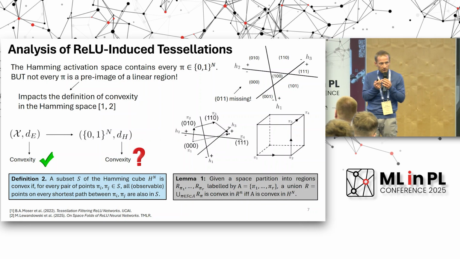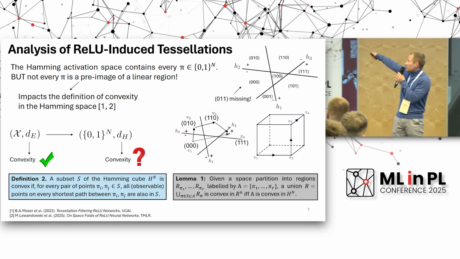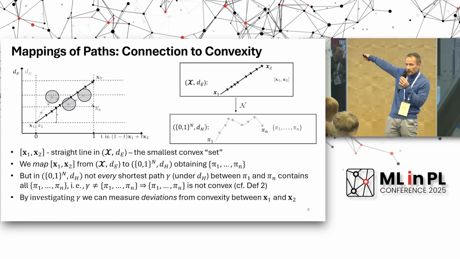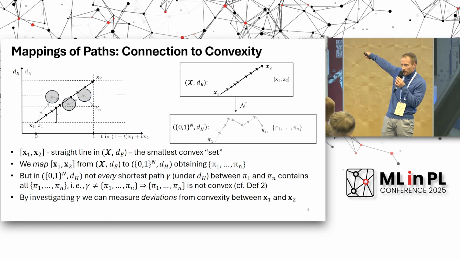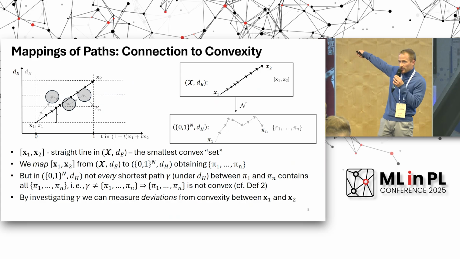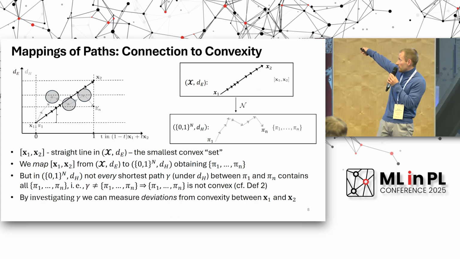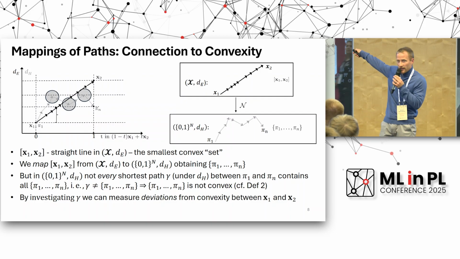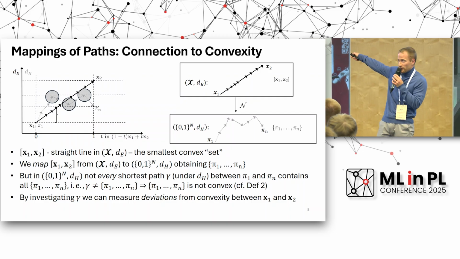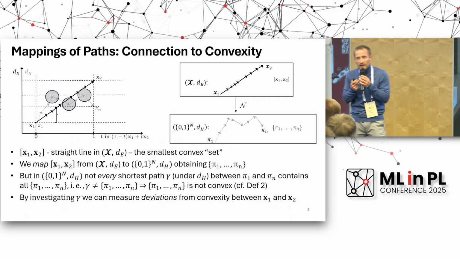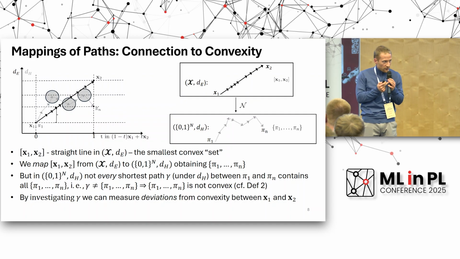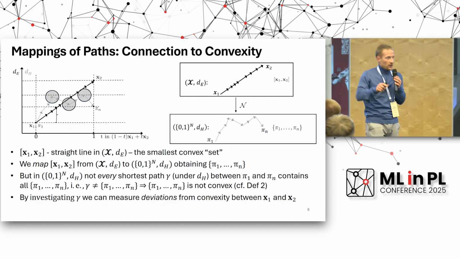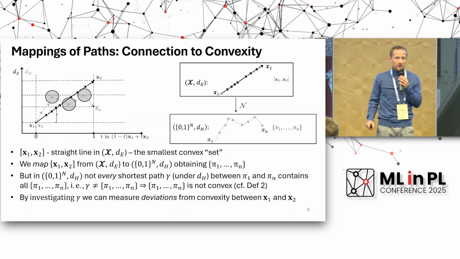What we observe is that while here, walking from the initial point towards the end point, the Euclidean distance increases monotonically along such a walk, it is not the case for the mapped activation regions. Which means that not every shortest path between the two edge activation regions contains the obtained activation patterns.